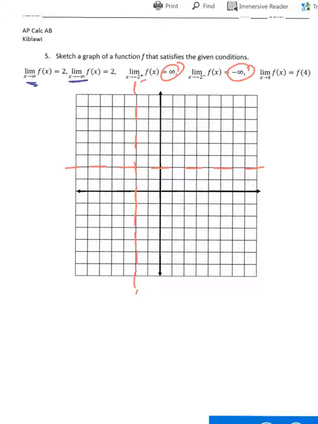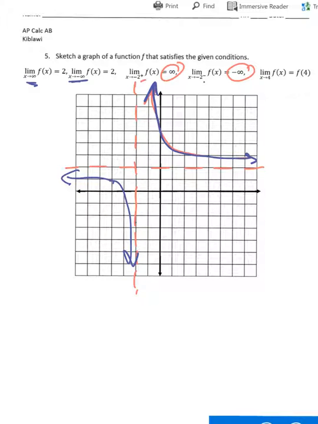From the right, it's going towards positive infinity. So I can't be below this one. I have to be up here. Here, from the left, it's going towards negative infinity. So that means it's got to come down there.